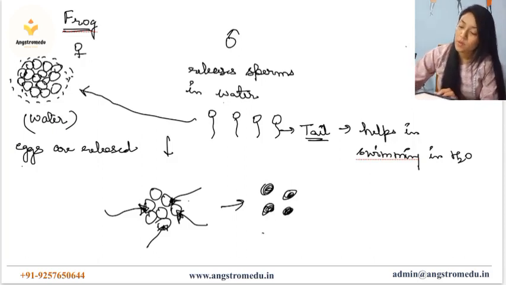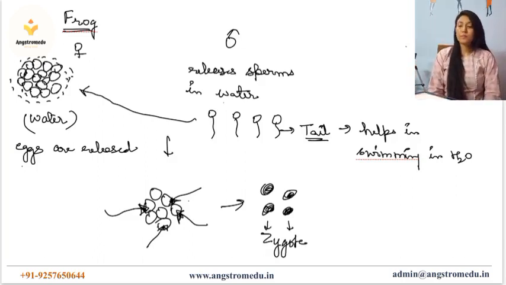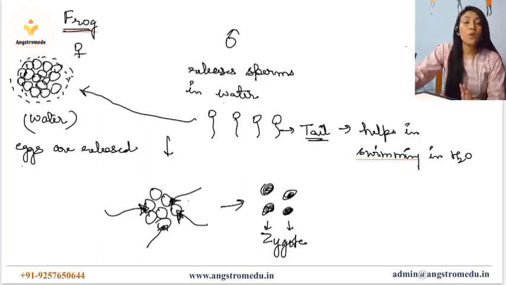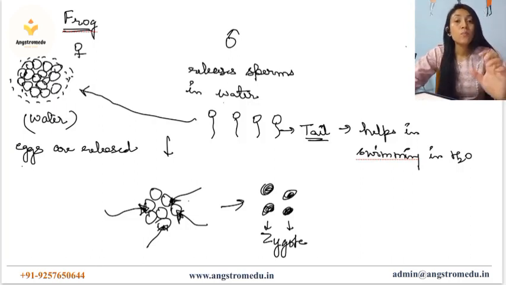Zygote. Okay, these are different zygotes. Fine. Up till now we have understood the process of fertilization: what fertilization is, what the basic requirements for fertilization are, and how many broad types of fertilization there are.